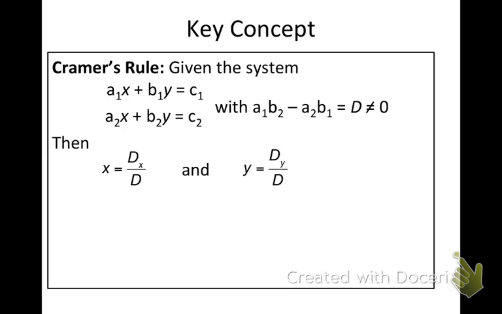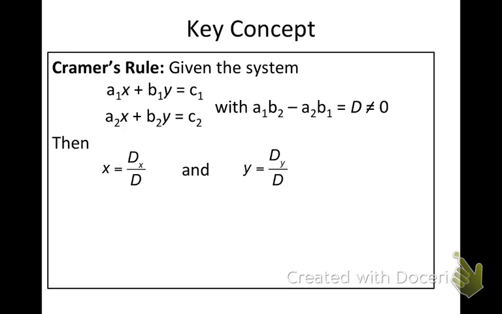So given any 2 by 2 system, where we have a sub 1 x plus b sub 1 y equals c sub 1, a sub 2 x plus b sub 2 y equals c sub 2, it does come along with the stipulation that the determinant of your coefficient matrix needs to be some number other than 0. Because if it's 0, then what's true? It doesn't have an inverse. And if it doesn't have an inverse, then that means it doesn't have a solution.